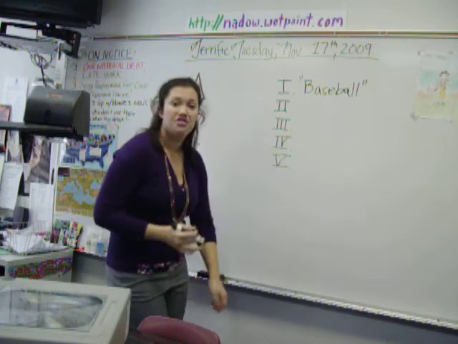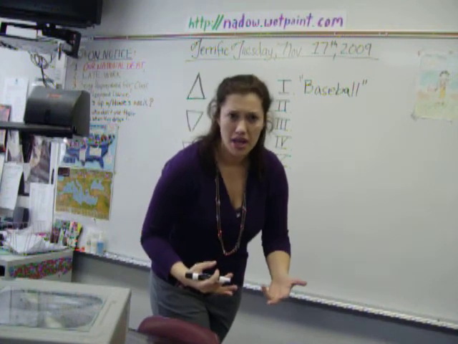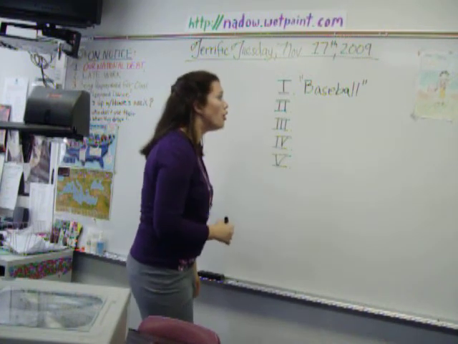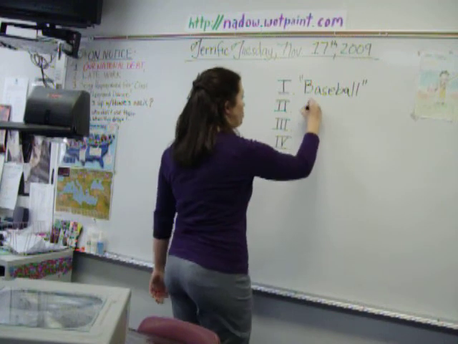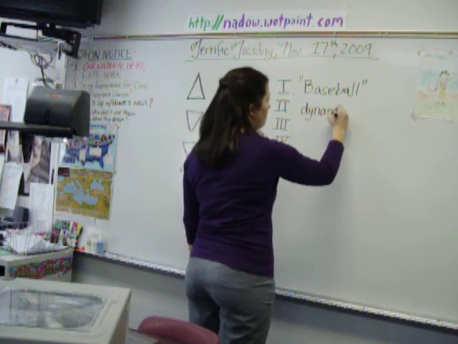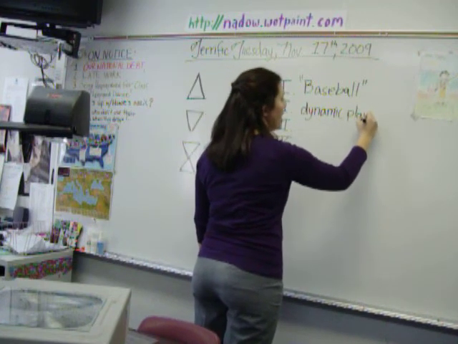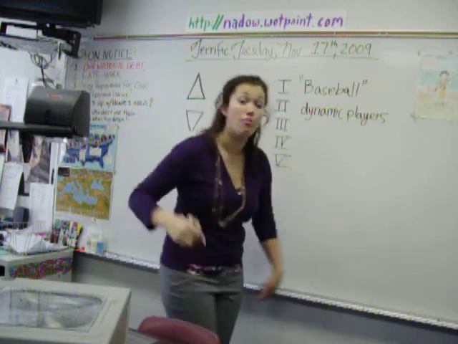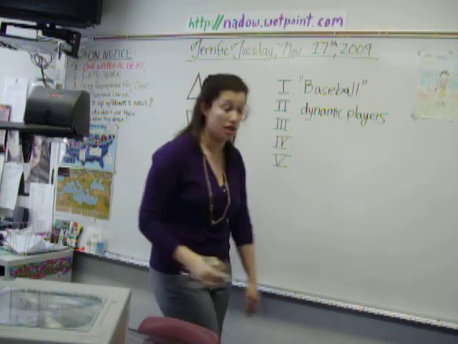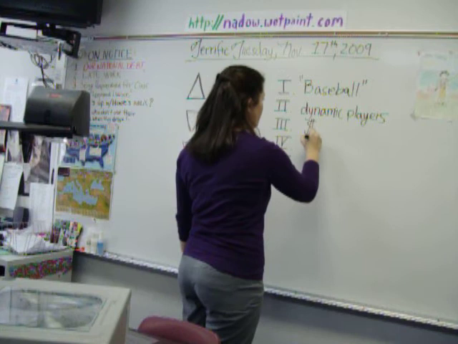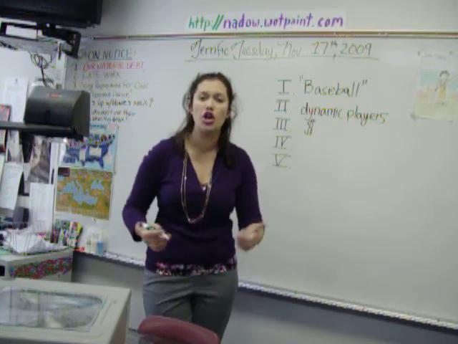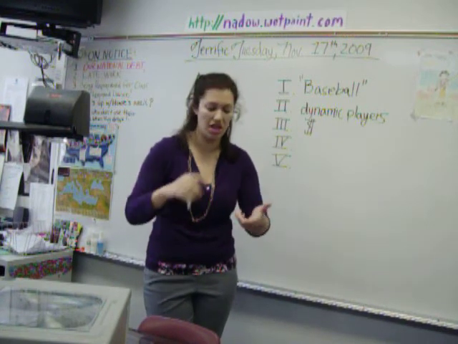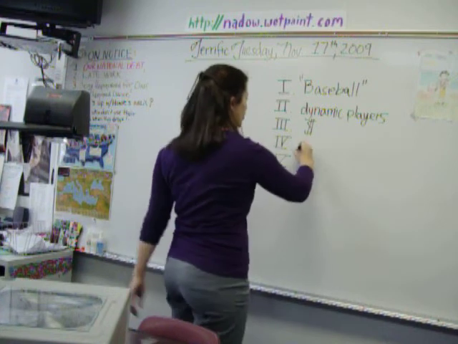Now, I'm going to give the reasons why a team would be excellent. Okay, so for example, we might have dynamic players. We might have lots of money to spend on the salaries of our players. And we'd also need a good manager and administrative team. So we'd need a good manager and a good coach.